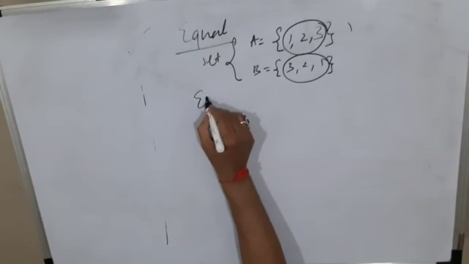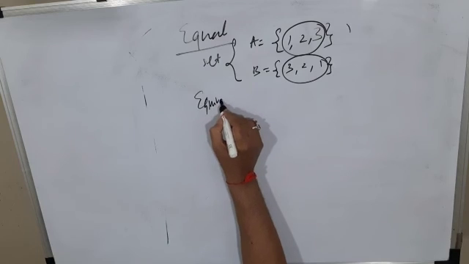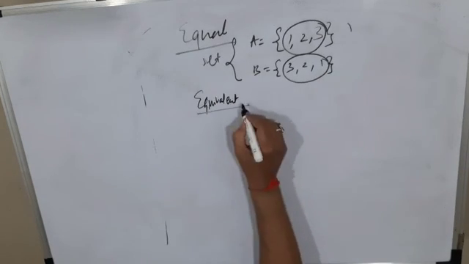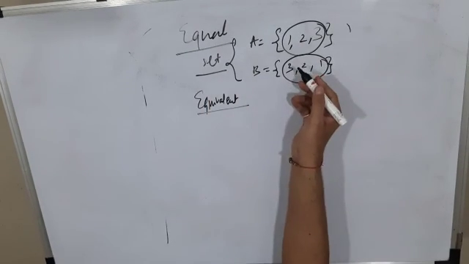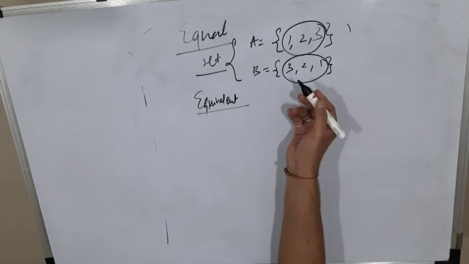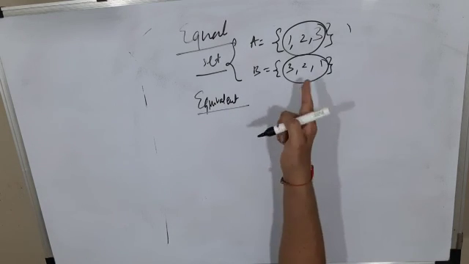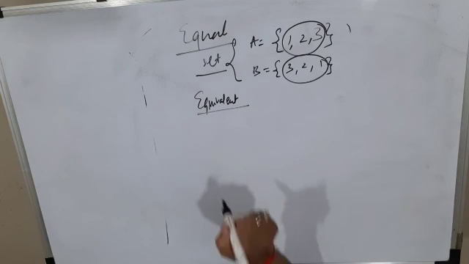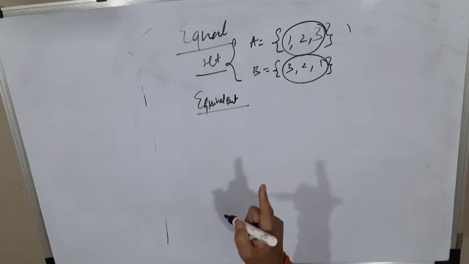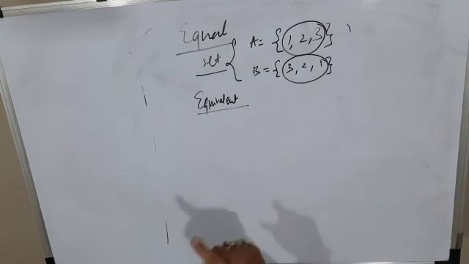So what is an equivalent set? Only remember this is the difference. Equal sets mean the elements in A and the elements in B must be the same. For equivalent sets, the number of elements in the two or three sets will be the same, that is, the cardinality should be the same.